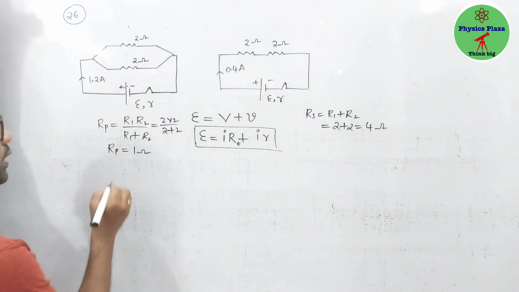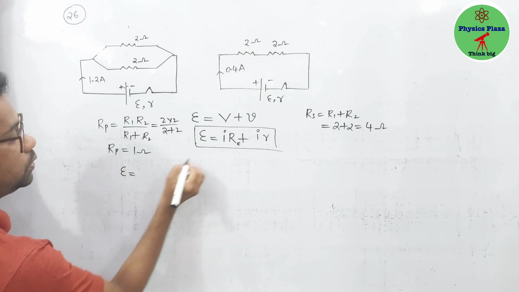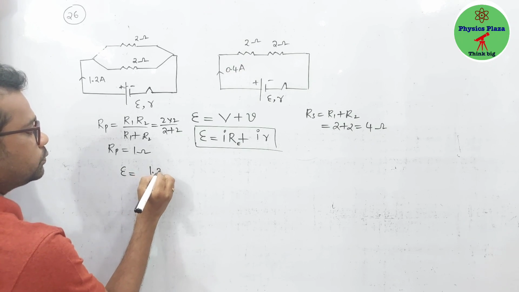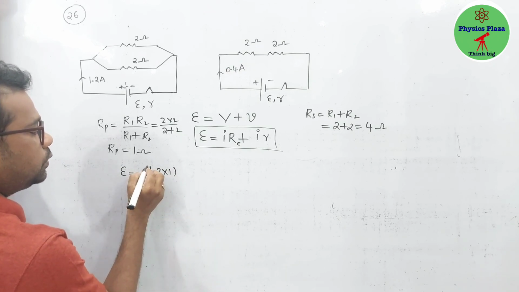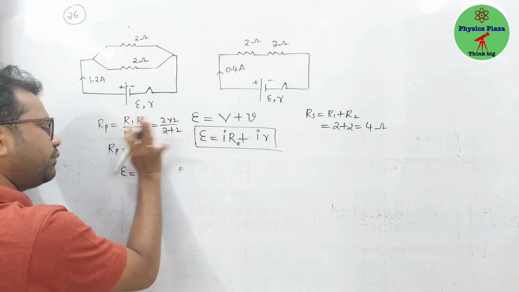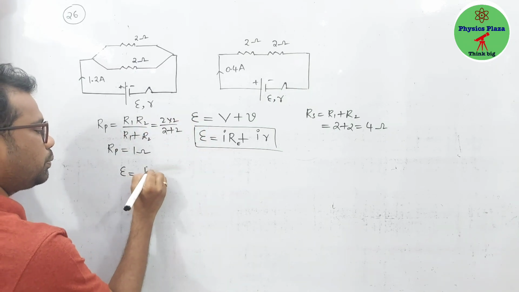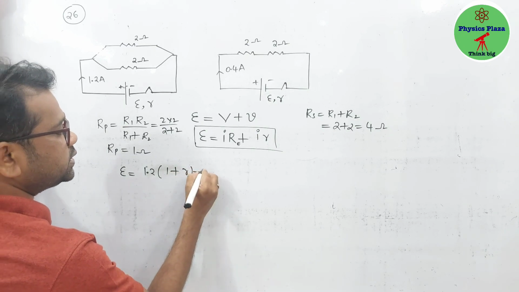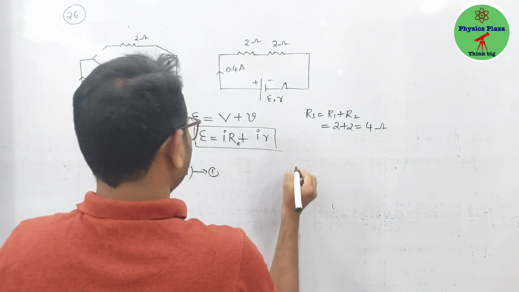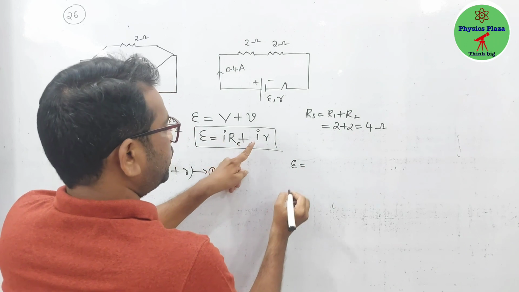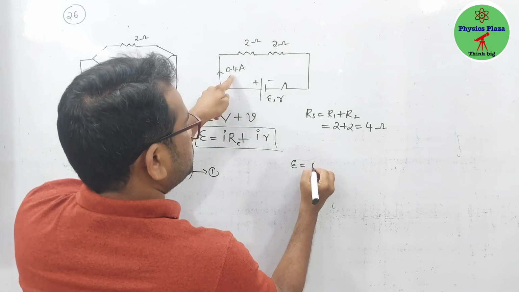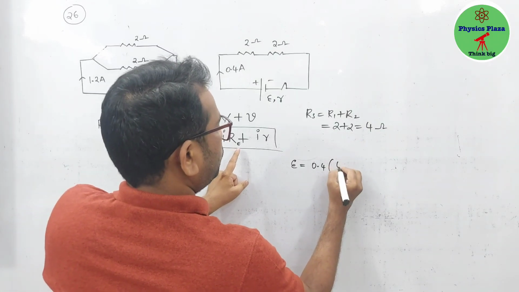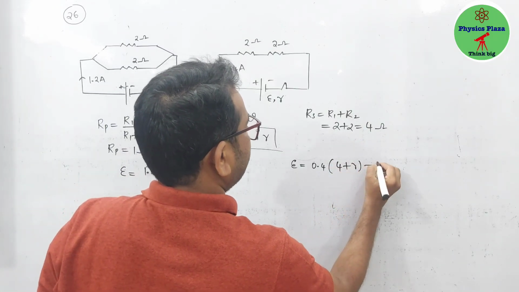Now let us apply the same formula here. So epsilon is equal to I into R, or else we can take I as common. That is 1.2 into (1 plus r), let us say equation 1. And here EMF is equal to I, where I is 0.4, into (4 plus r), that is equation 2.